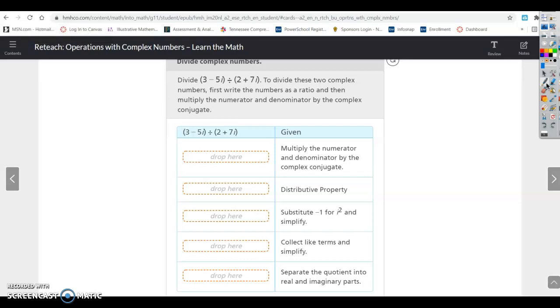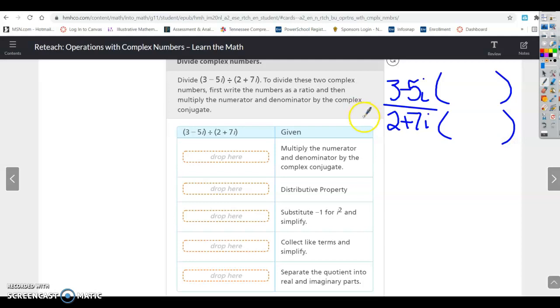So if we have 3 minus 5i over 2 plus 7i, we're going to multiply by the complex conjugate. You always want the complex conjugate of the denominator, because we're trying to essentially rationalize the denominator.